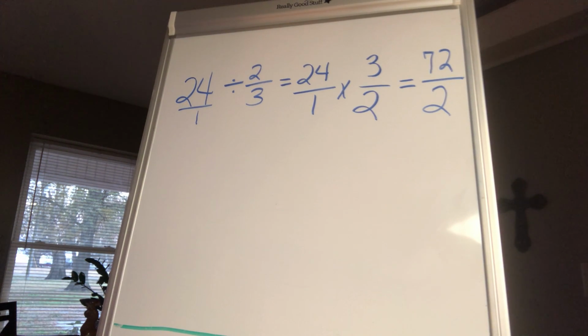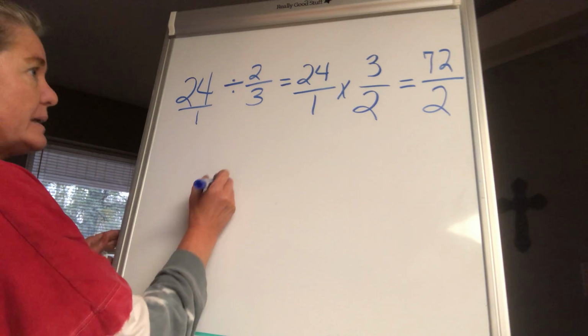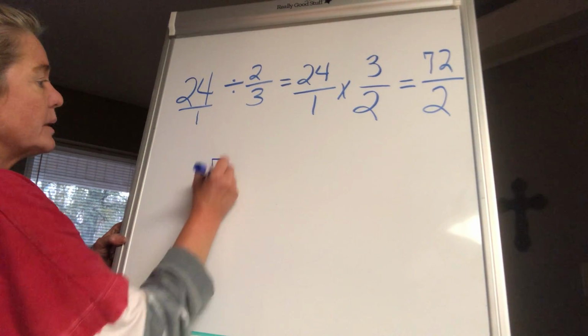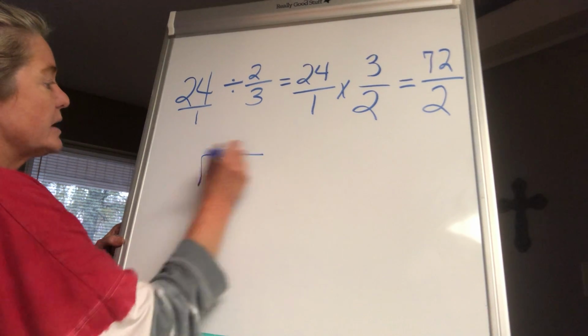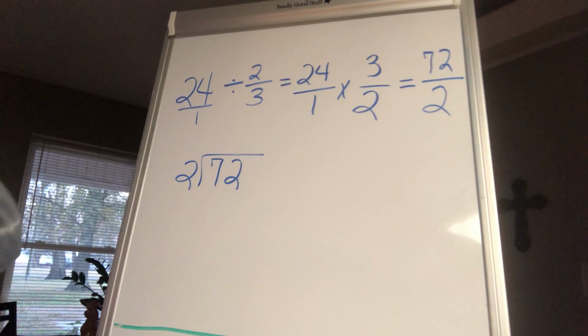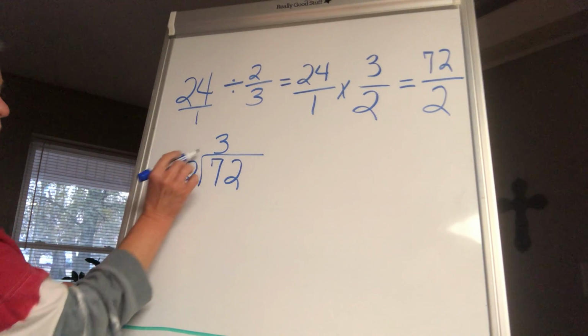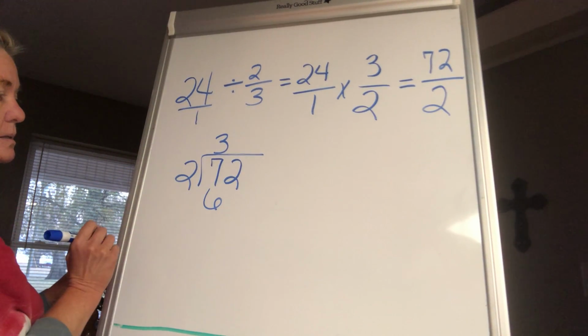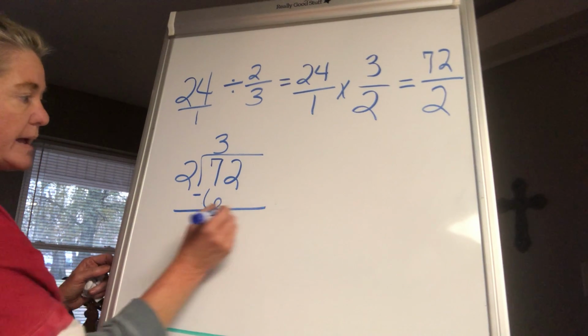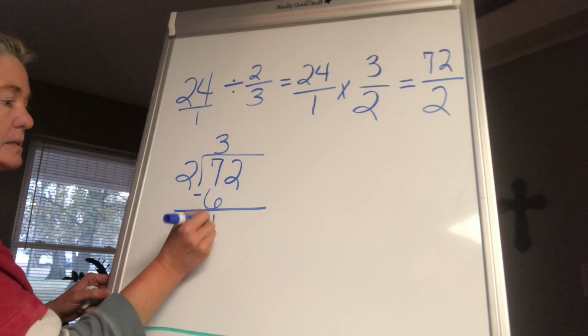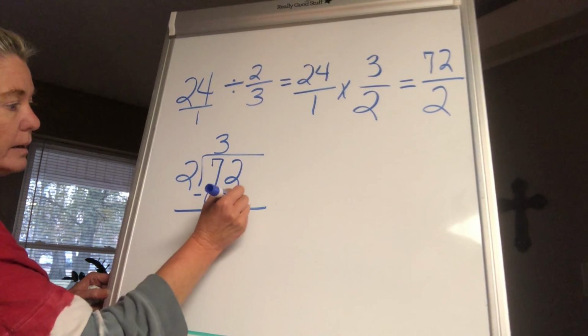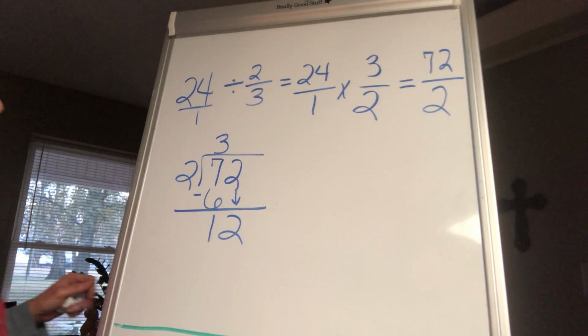Because we're talking about how many days. So let's see. If we go to the side and do, just like we read it from top to bottom, 72 divided by 2. 2 goes into 7 3 times. 3 times 2 is 6. And if I subtract, 7 minus 6 is 1. And I bring down the 2.